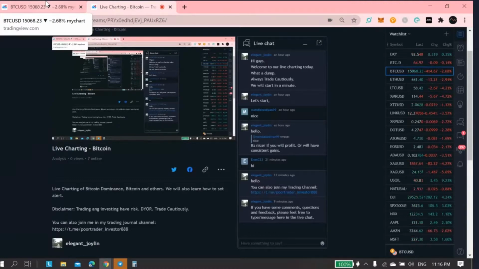Bears are still dominating it. But let's see. There's still a few minutes left before the 30-minute candle will close. But the bulls are actually fighting. So hopefully bulls will regain this spot.